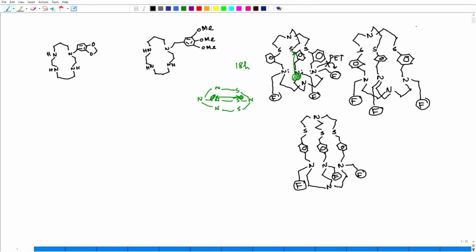Let me write, more rigid cavity. So, therefore, it takes less time. How much less? About 15 hours, not good either, going from this part all the way to this part and coming back. 18 hours, so with 18 hours you cannot do anything.